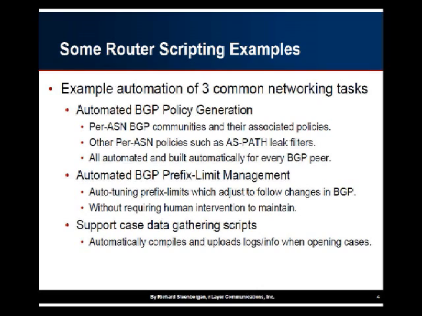And if you automate this, you can support BGP communities for every peer that you have, even if you have hundreds of peers. The next one is prefix list management. Auto-tuning prefix limits through the script, and then the third one is gathering support data for opening cases.